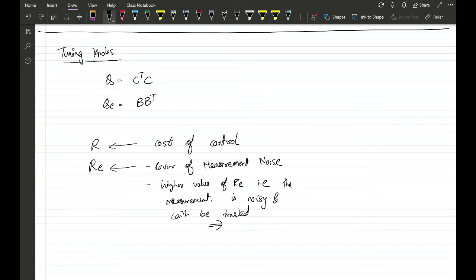So the observer, or the implicit observer that we get out of this H2 design, would be slower.